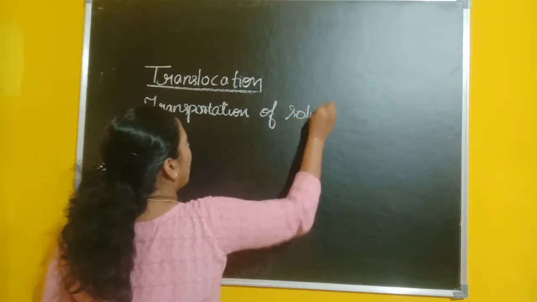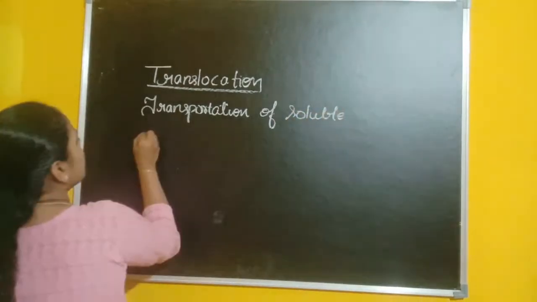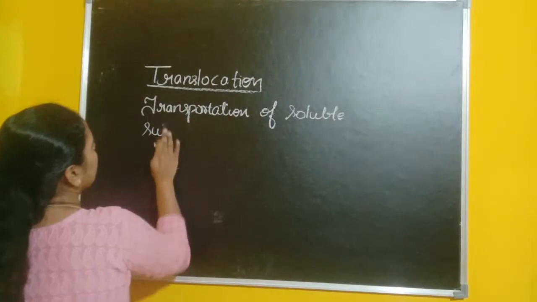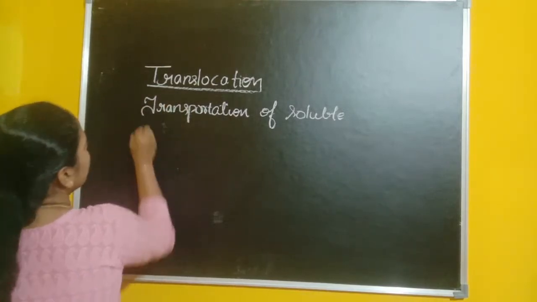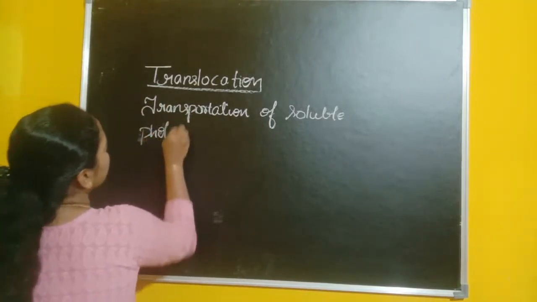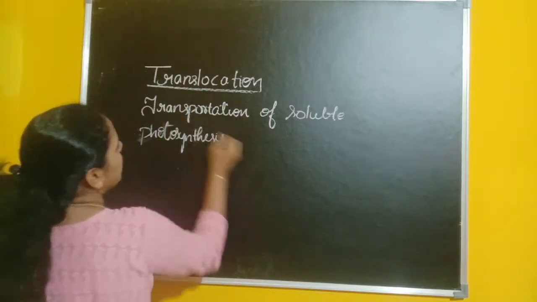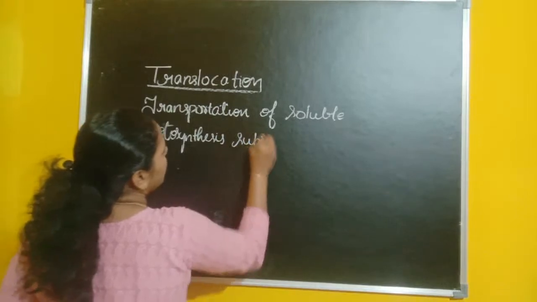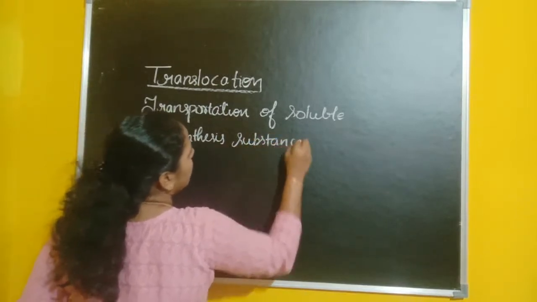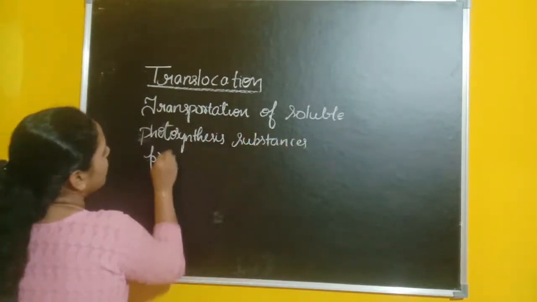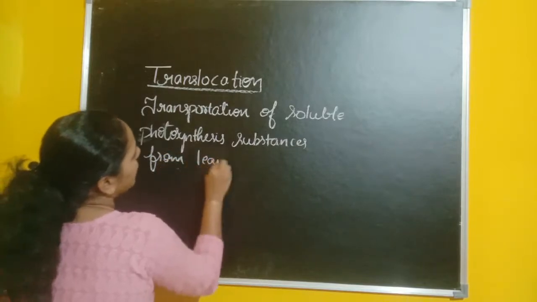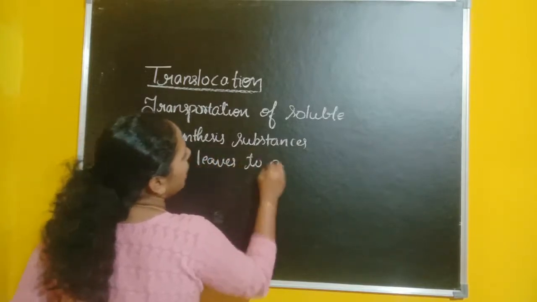Translocation is the transportation of soluble photosynthesis substances from leaves to different parts of the plant body.